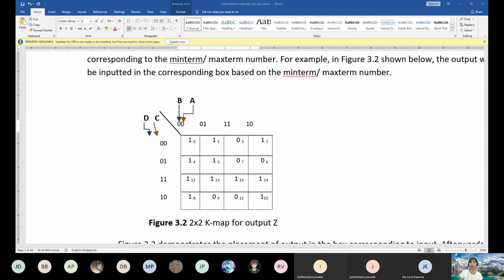Do you have BA? Let's copy it also. Okay. Copy.